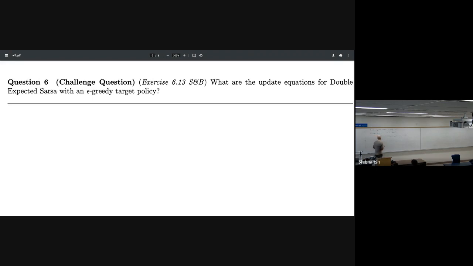So how does this look? It's 1 minus epsilon times the distribution that puts a probability of 1 on the action which is maximizing the action value at state S_{t+1}. We don't care about the case when you have ties at the moment. Usually it doesn't matter.